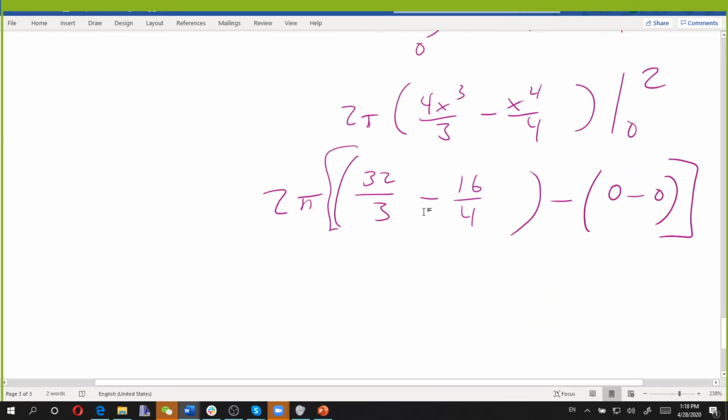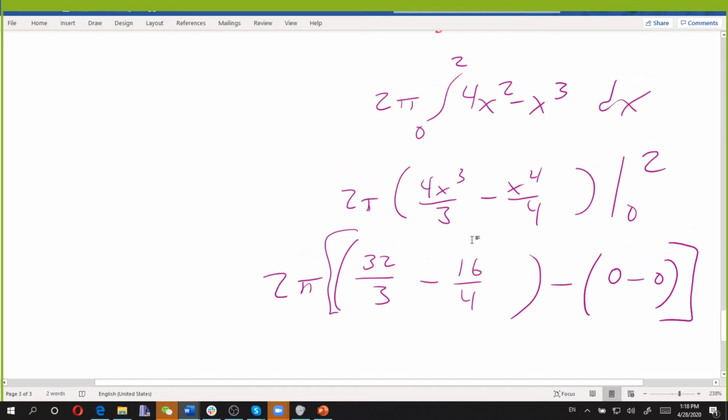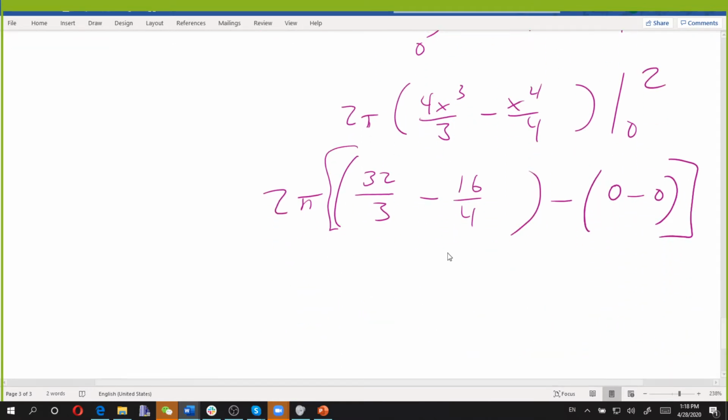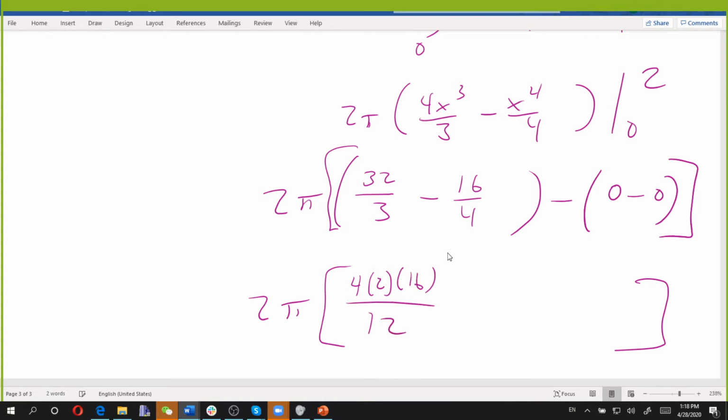Okay, so we've got 32 thirds minus 16 fourths. So I'll get a common denominator of 12. This will be 4 by 2 by 16. The 2 and the 16 is 32, times the 4 to get my common denominator. Minus, I'm going to multiply by 3 to get our common denominator of 12 on this side.